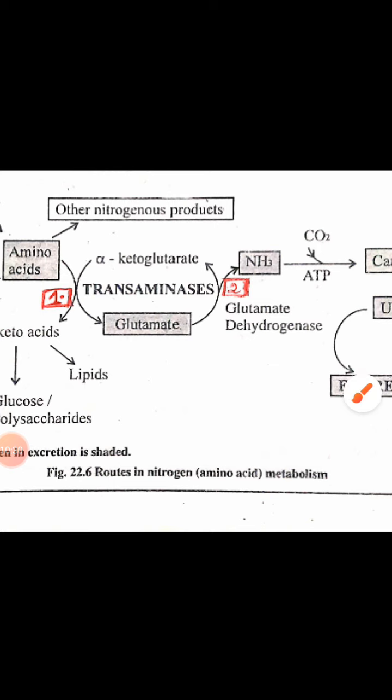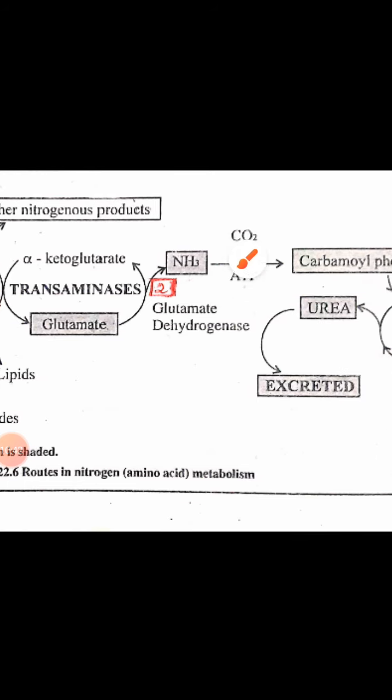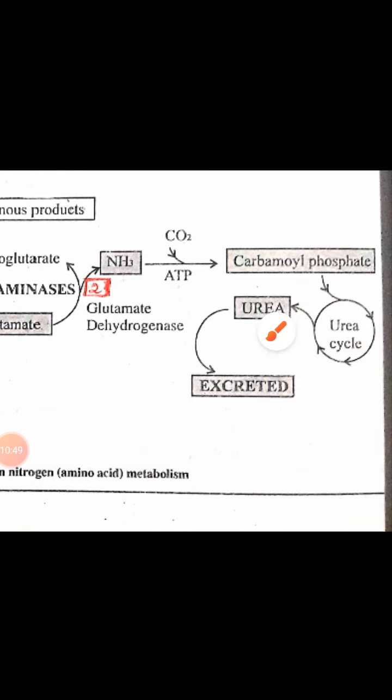This second step is known as deamination, and because it is oxidative in nature, the enzyme involved here is glutamate dehydrogenase. Whatever ammonia is deaminated, ammonia is a highly toxic substance. This has to get converted to a non-toxic substance like urea. So ammonia is going to react with carbon dioxide.